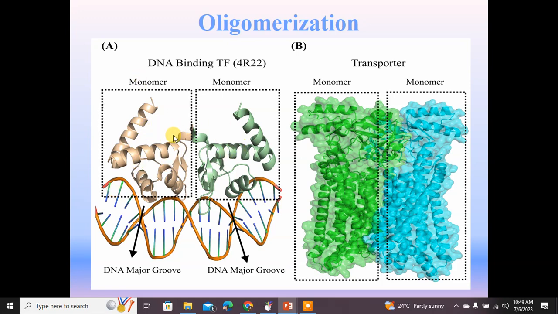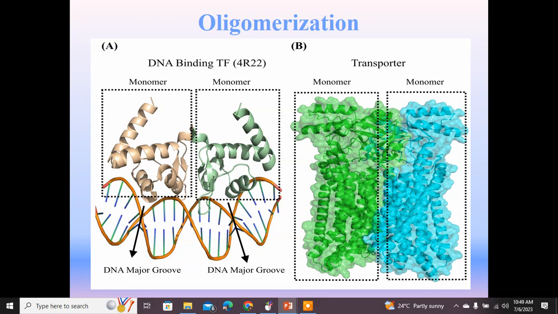If you see, these two parts are mirror images, they are exactly similar, and we call it a dimer. One we call a monomer, and if there are two we call it a dimer. Such processes where a protein recruits another copy, we call oligomerization.